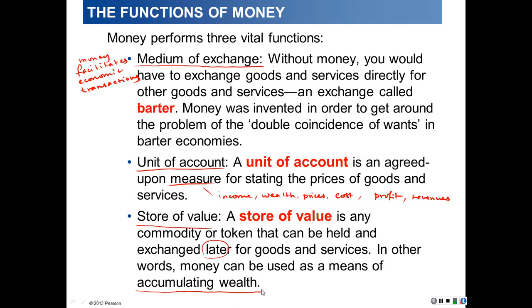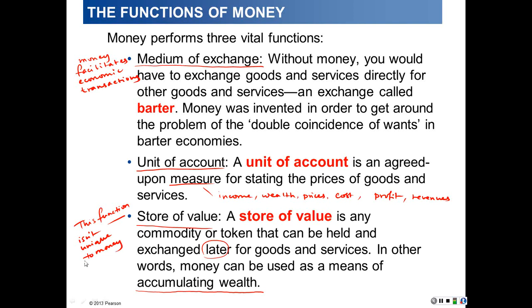Now, money has often been a store of value. People have used this token or commodity as a means of accumulating wealth. Correct? However, this function isn't unique to money.